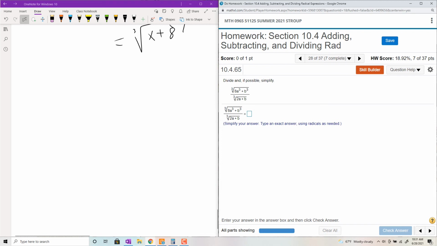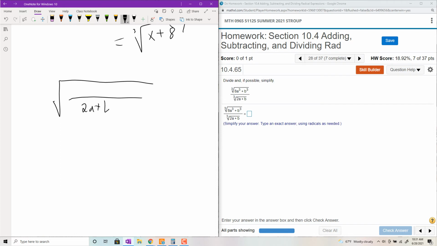Perfect cubes in the numerator there. I'll go ahead and just pull this off all at once. So I already made it into the cube root of one fraction. That numerator, you're going to have to use SOAP on that one. So the a value would be 2a, and I usually write capital A, right? And then capital B would be b.